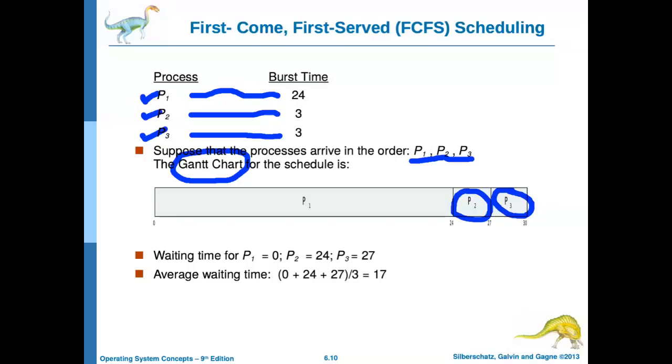Because P1 is immediately scheduled, the waiting time for P1 is 0. For P2, it started its execution at time unit 24. That means from 0 to 24 it is waiting, so the waiting time of P2 is 24.